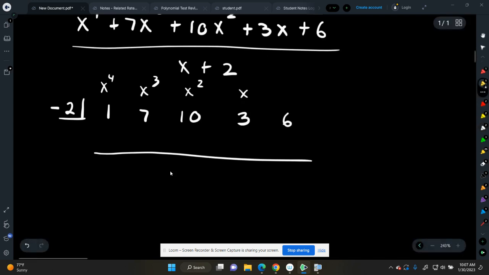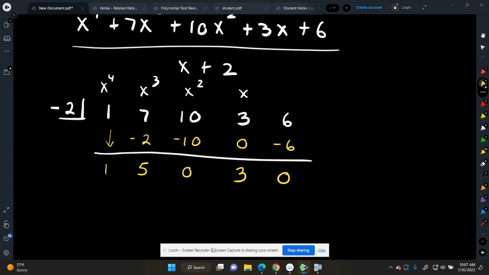Okay, so what do we do? Another one. Yep. And we divide it by -2. Okay. Everybody understand where we got those numbers? Okay, so we started off with x to the fourth.